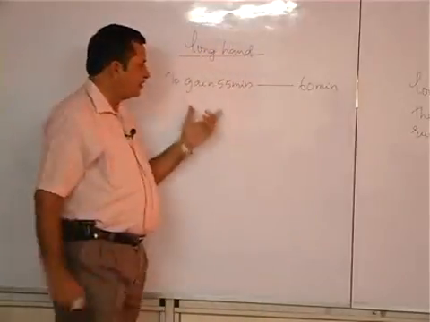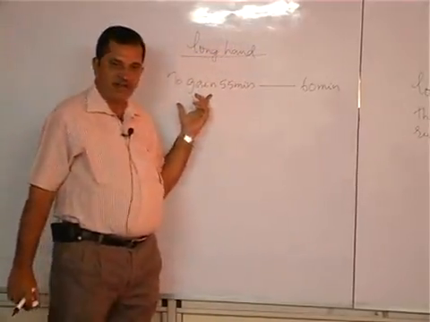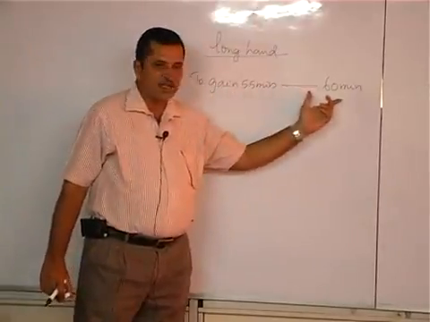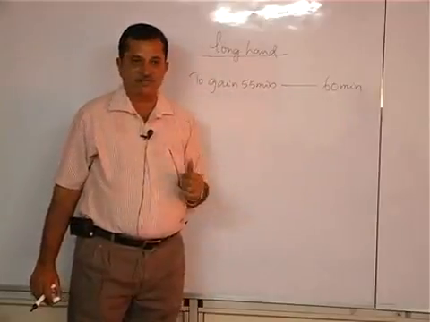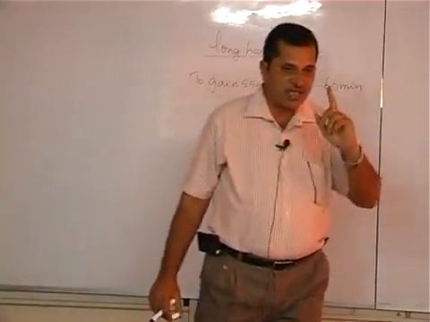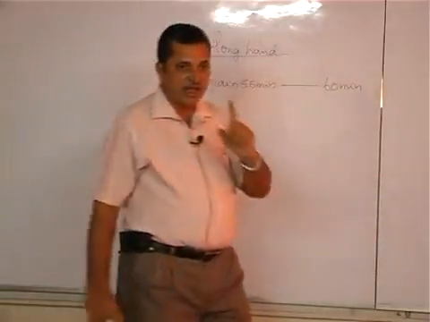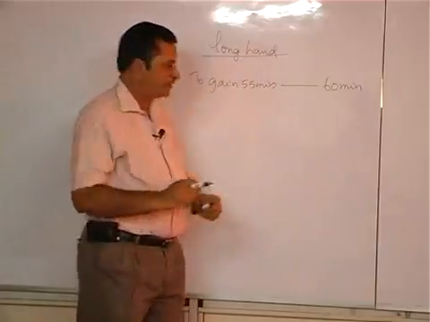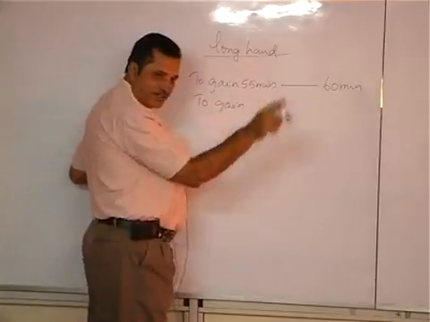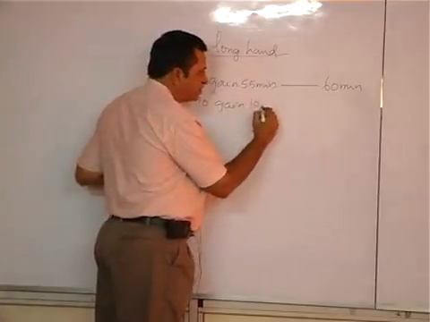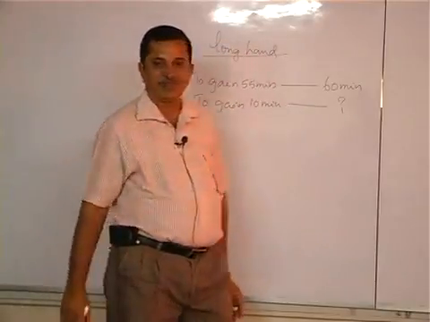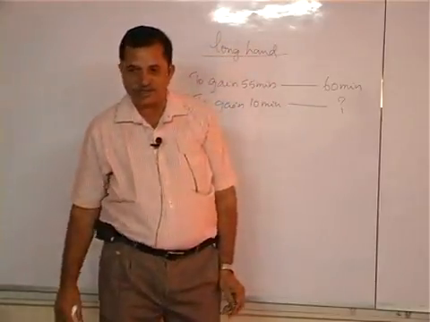Between 2 o'clock and 3 o'clock, if coincidence has to occur, the long hand has to gain 10 minutes, is it not? How many minutes are required for the clock?